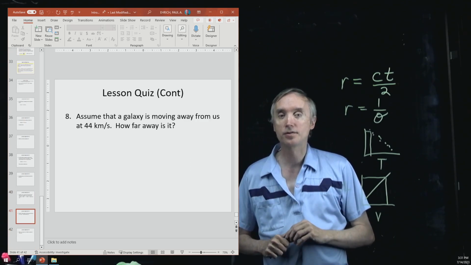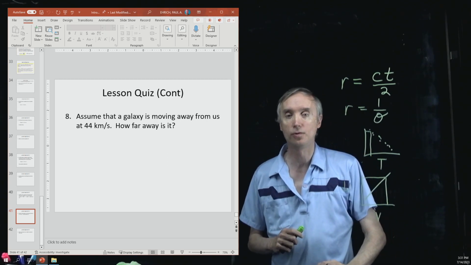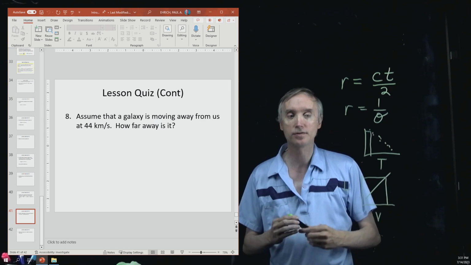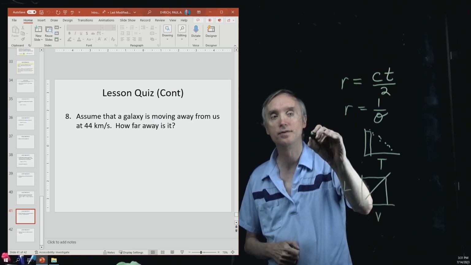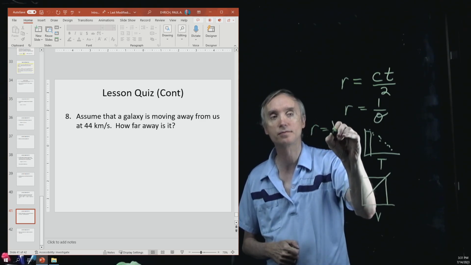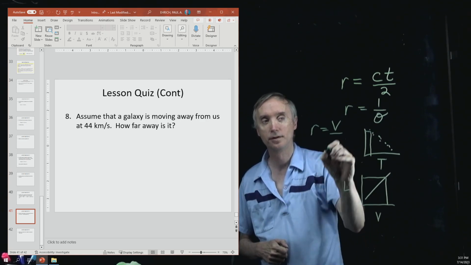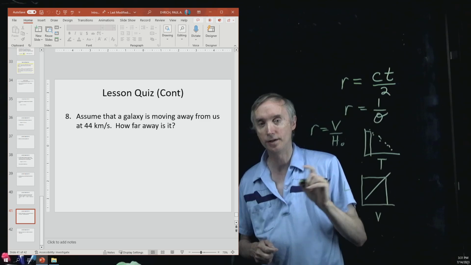Number 8, assume that a galaxy is moving away from us at 44 kilometers per second. How far away is it? Okay, so this time we're going to use the idea that the distance r is the speed divided by Hubble's constant, which is what number? 22.